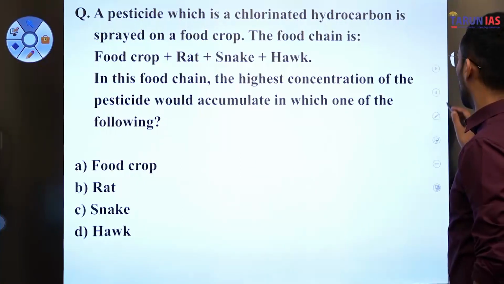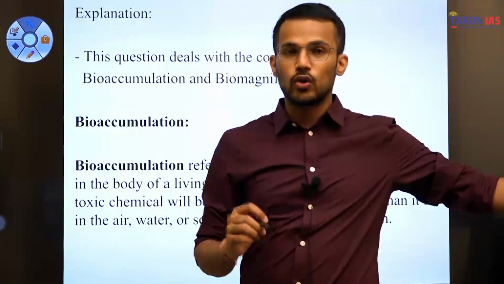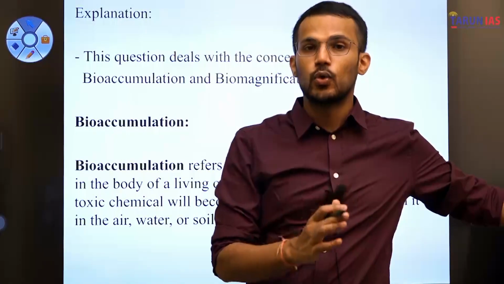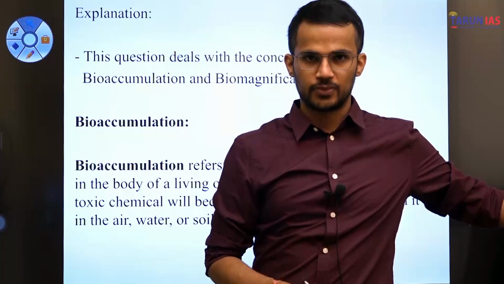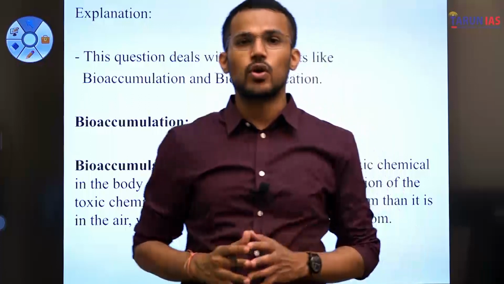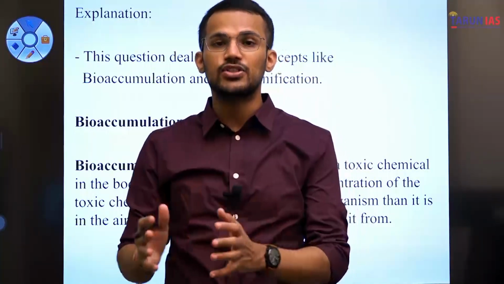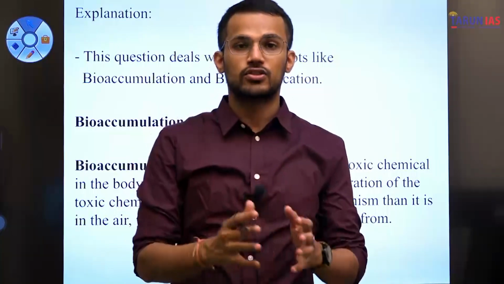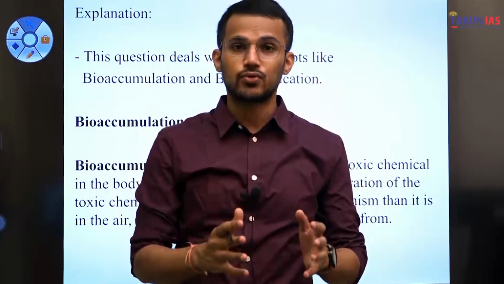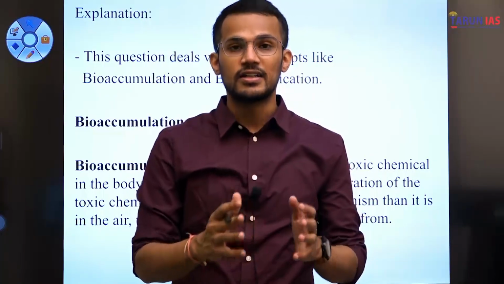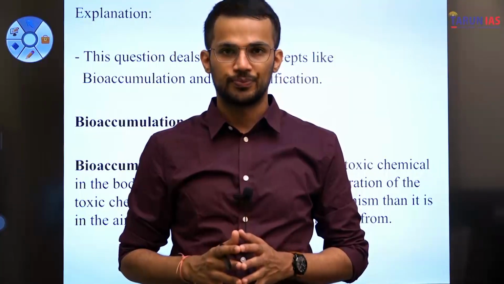This question is about two very important concepts related to ecology, and that is bioaccumulation and biomagnification, right? Whenever we talk about a food chain, it is not only energy that is transmitted amongst different trophic levels of a food chain, but apart from energy, certain contaminants are also passed through these trophic levels.